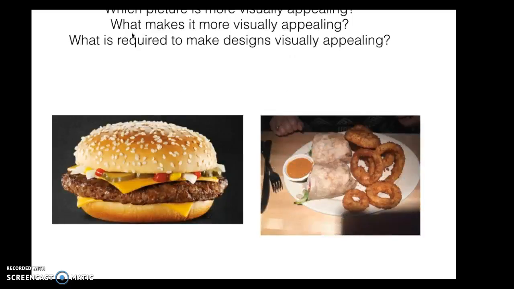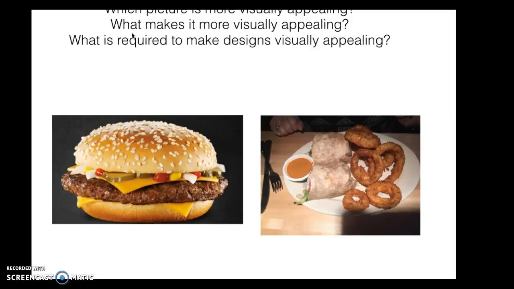Afterwards, I continued asking Saya more questions, personalizing the questions, so that she could see these vocabulary words in context. I asked her which picture is more visually appealing, and obviously she chose the burger. I asked her what makes it more visually appealing.